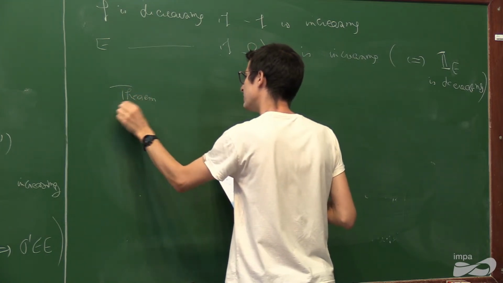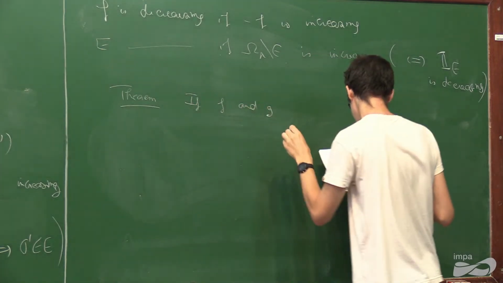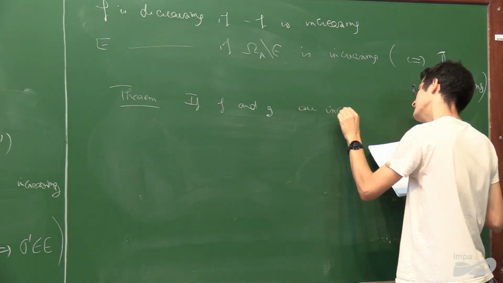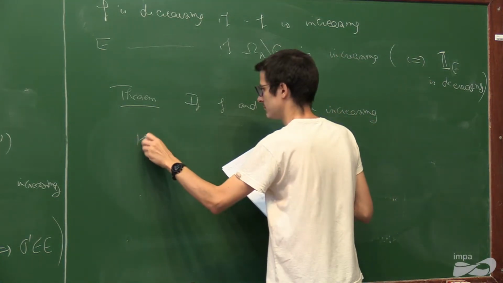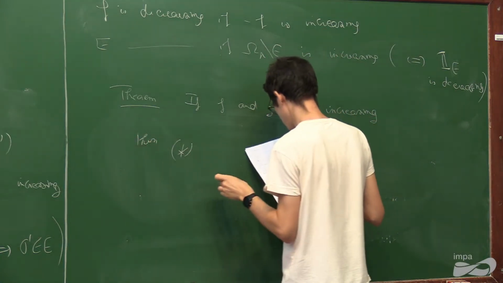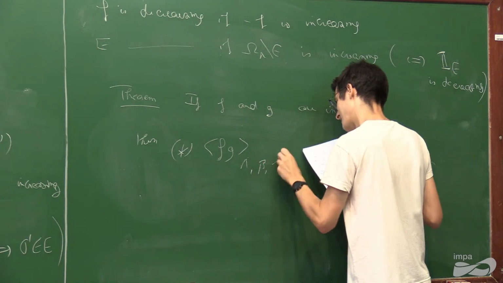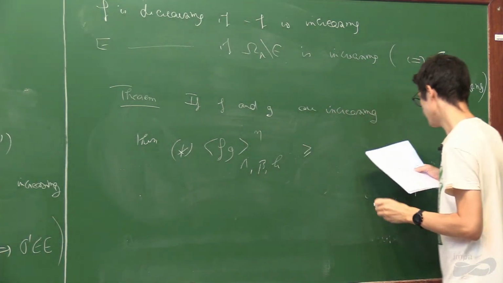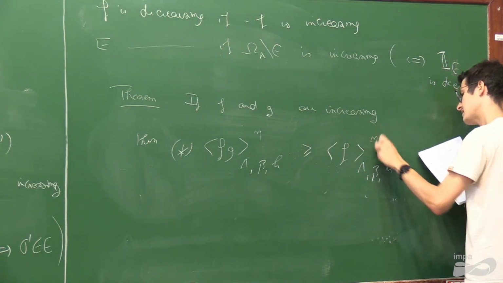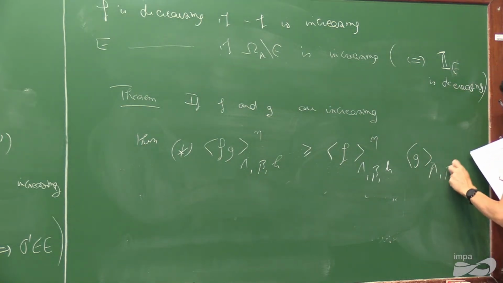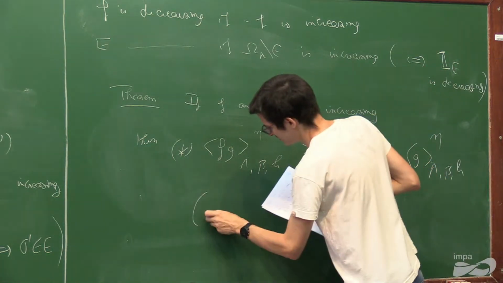Theorem: if f and g are increasing, then the average of fg in Lambda, beta, h, eta is larger than the average of f in Lambda, beta, h, eta times the average of g in Lambda, beta, h, eta. And this is for any eta.